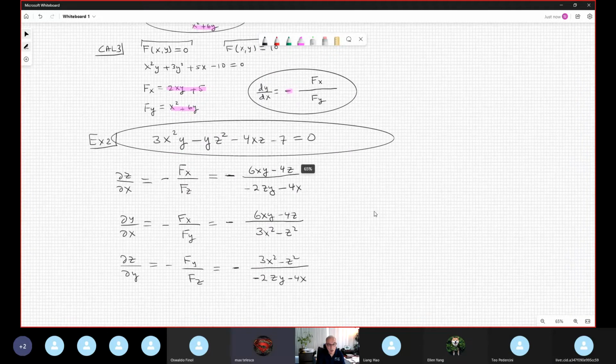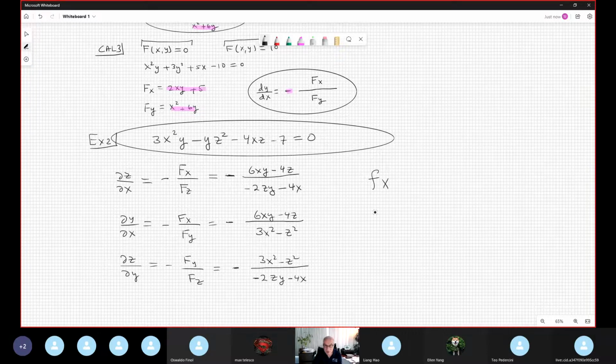Is the lowercase dy over dx the same thing as partial y over partial x? Yeah. It's important that you understand this. The notation that some people prefer is this, F sub x.